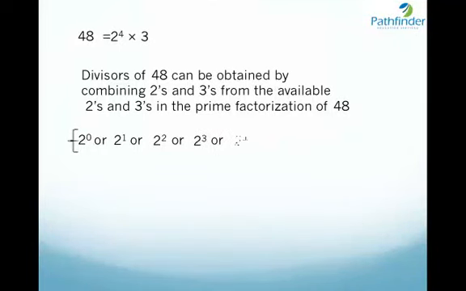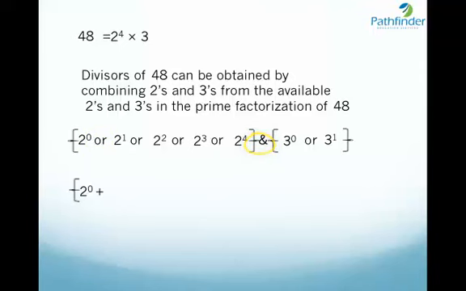Similarly, for the prime factor 3, we can select it in 2 ways. Either we select 0 3's, which is represented by 3 to the power 0, or we have 1 3 selected, which is represented by 3 to the power 1. So we can select the 3's in 2 ways. We know that in mathematics, every OR is replaced by a plus sign and every AND is replaced by a multiplication sign.